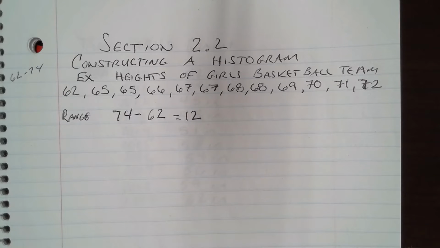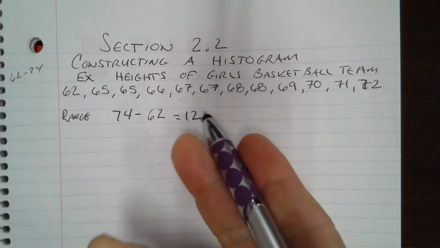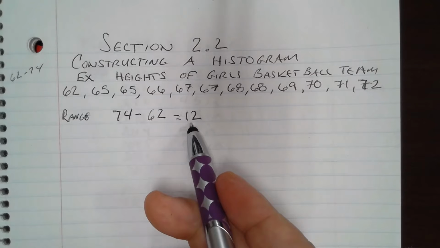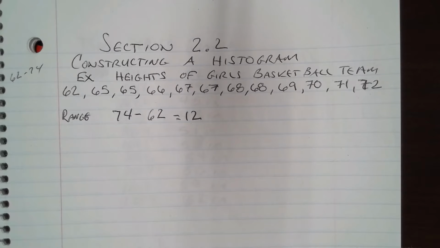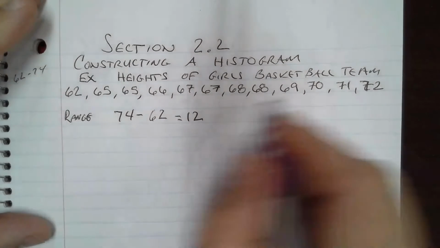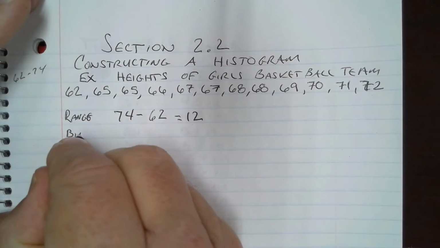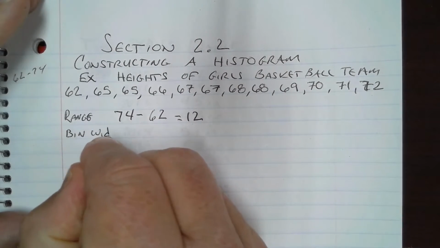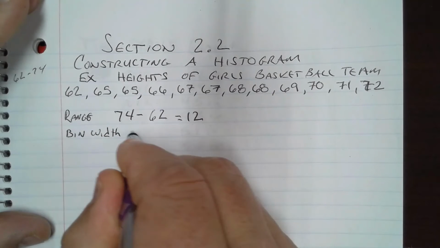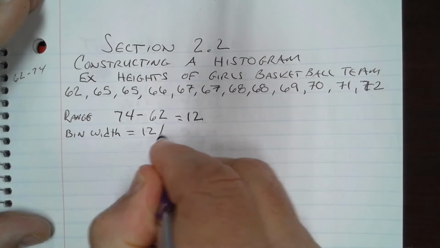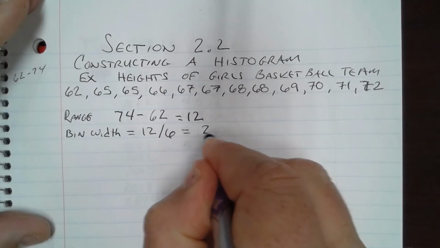Because 12 is divisible by 6. You with me? That's how many bars I chose to have. If Emily would have said, I want 14 or 7 bars, then she would have gone up to 14, so that it's even. Does that make sense? So now my bin width, and I'll explain what all this means as we go, is going to be 12 divided by 6, which is 2.